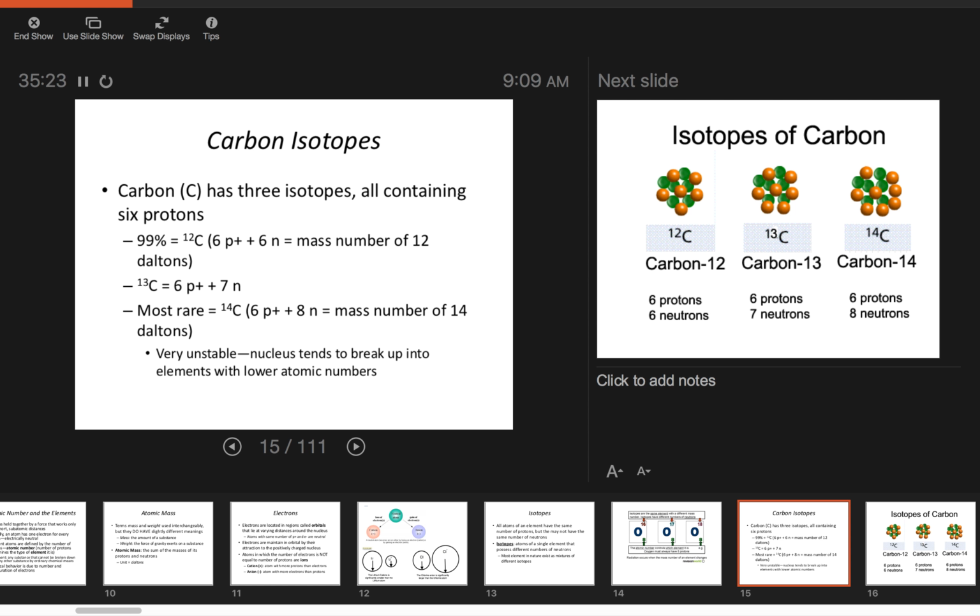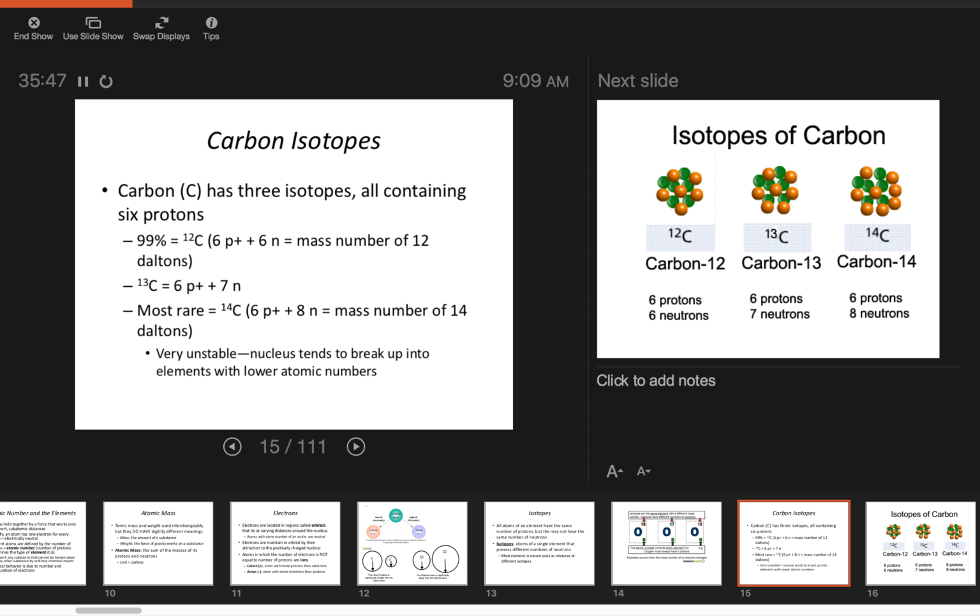This one shows the math a little bit. 99% of carbon isotopes in nature are carbon-12, followed by carbon-13, and then the most rare is carbon-14. Carbon-14 is really unstable and tends to break up into lower atomic numbers. But 99% of all carbon you find is carbon-12. As a result, your average mass will be closer to 12.